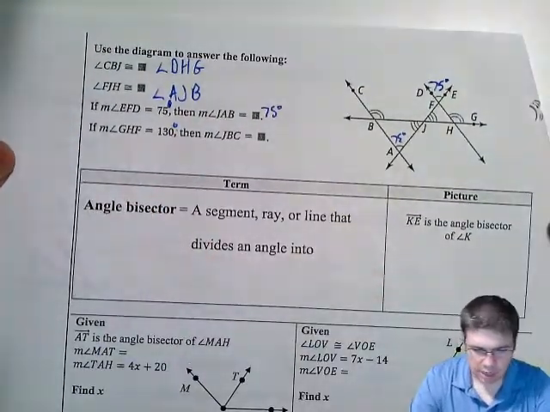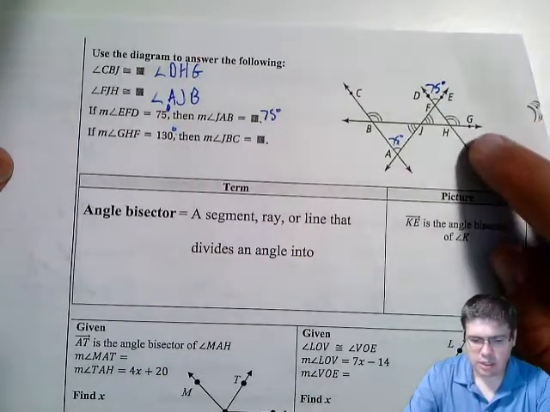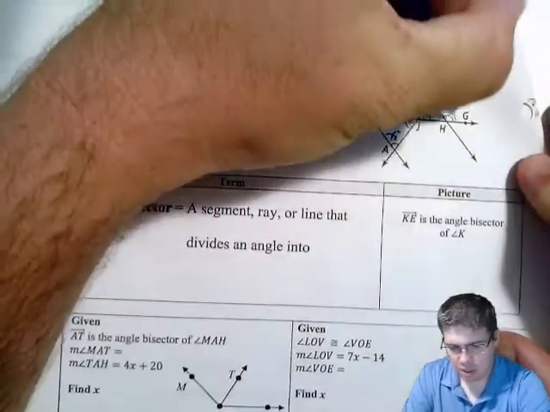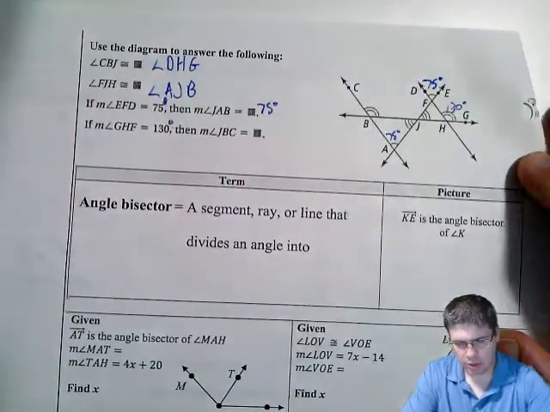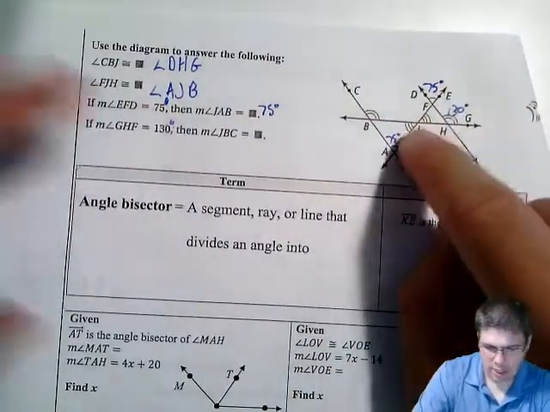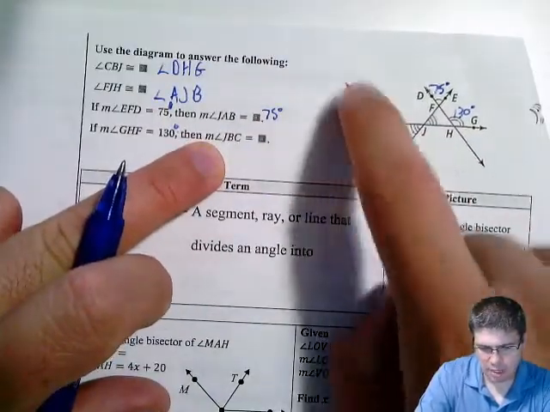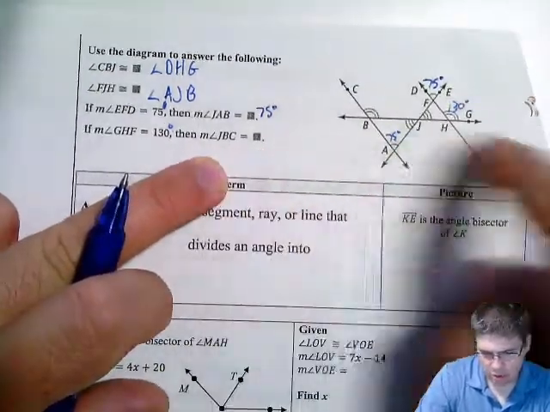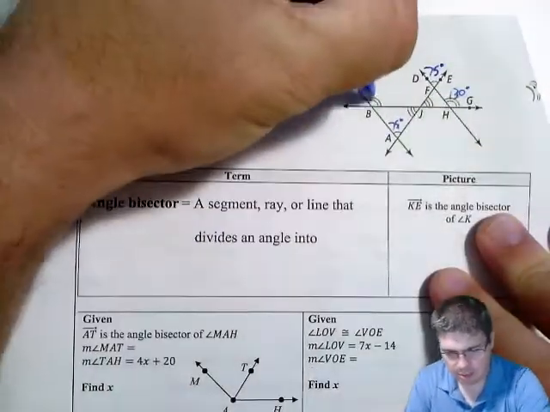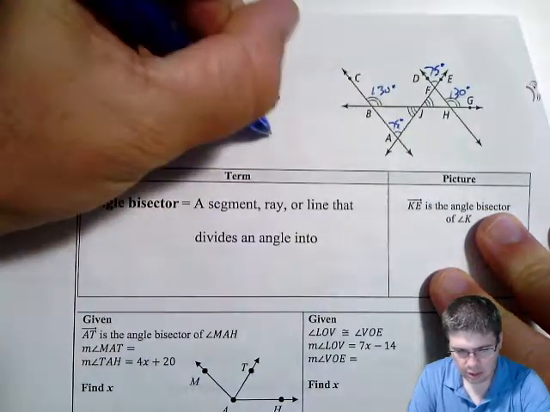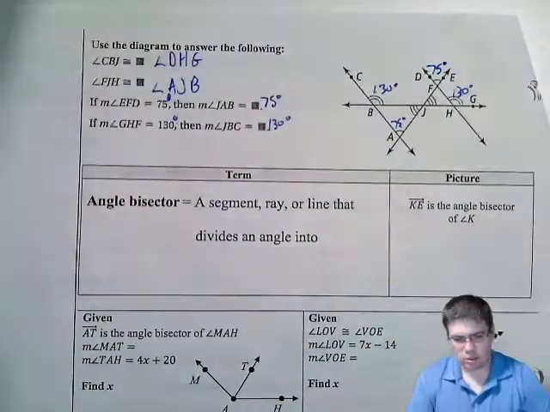And the measure of angle GHF is 130, we'll assume degrees, and so then when we talk about this angle JBC or CBJ, but they call it JBC, that angle is also 130 degrees. So we can answer those questions.